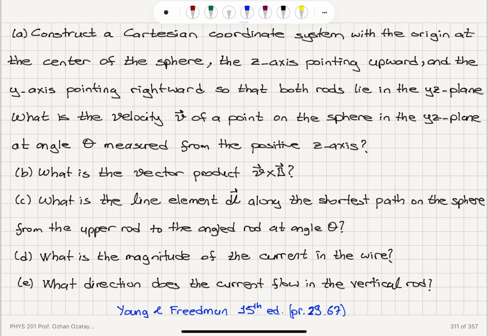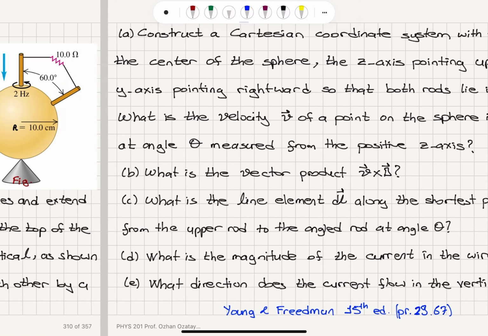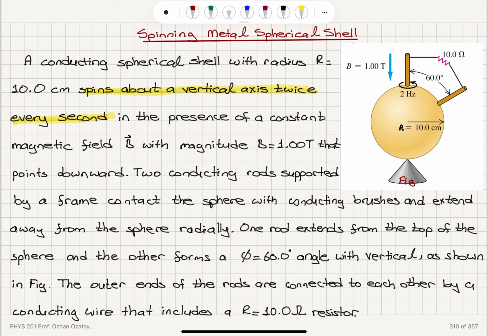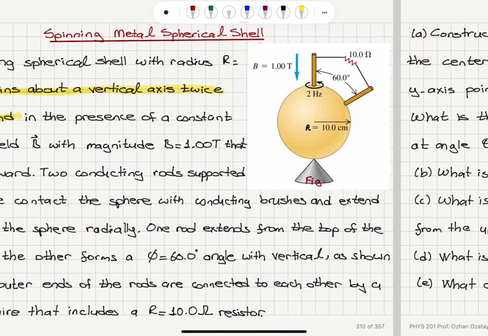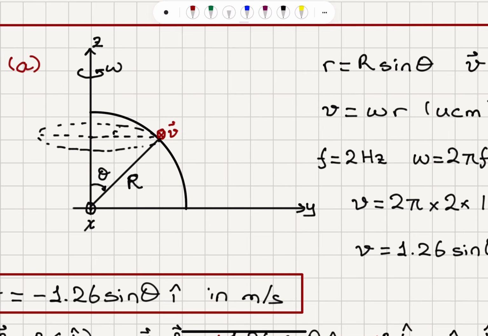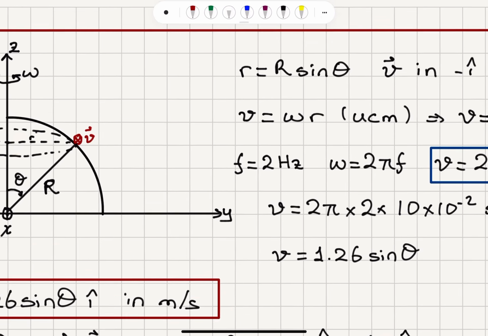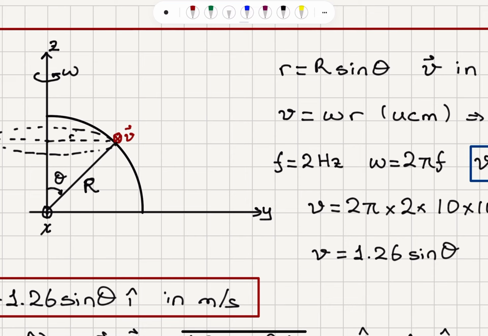So in part A, we constructed a Cartesian coordinate system and we found the velocity vector of a point on the sphere as it performs this uniform circular motion on this circular path. We noticed that the radius of that circle is capital R sine theta, with omega, the angular speed, being the same.